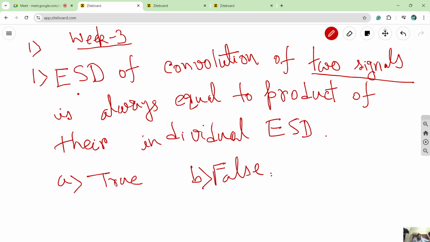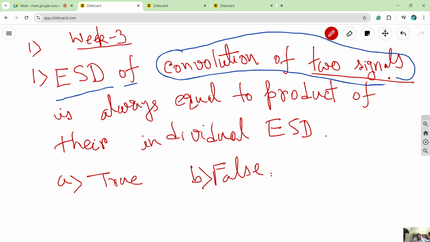Then the question says that the ESD of the convolution of these two signals will always be equal to the product of their individual ESDs.